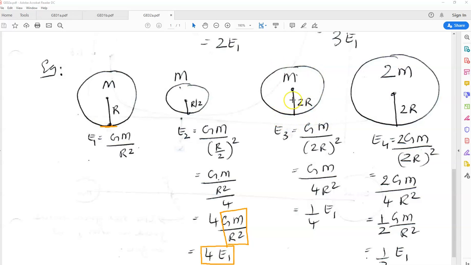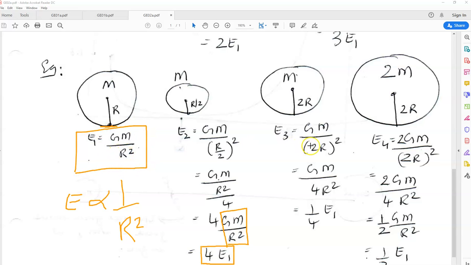So by reducing the radius by 2, the gravitational field increases by 4 times. Here I have the distance increased by 2, and we know that the field is inversely proportional to the distance square. So it's very obvious that the field strength should reduce in this scenario. Again, just remember this equation, GM by r square.